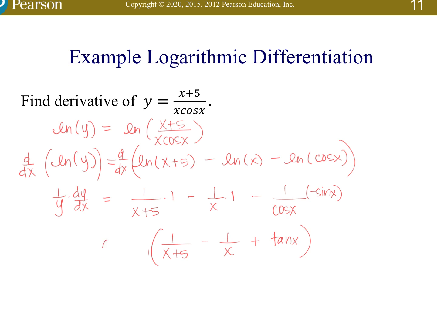The original y was x plus 5 over x cos x. And that is the expression for dy dx. That is just an alternate to the quotient rule. The quotient rule does work out. They work out to an equivalent expression. It's just a different approach.